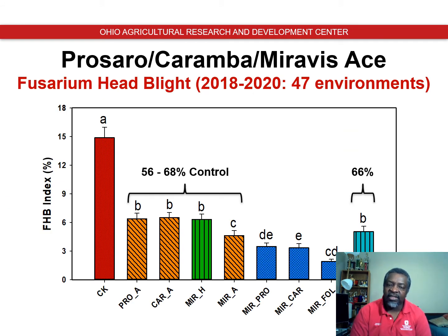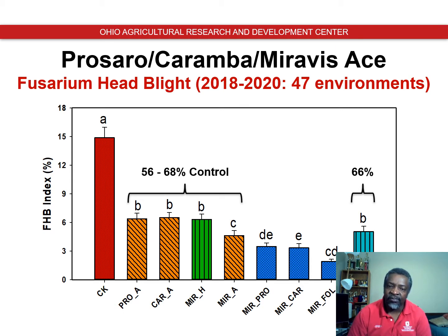Here we've got a side-by-side comparison of fungicide programs in terms of their efficacy against visual symptoms. Visual symptoms is measured here as Fusarium head blight index, which is a percentage of the spike area covered with symptoms of the disease. In the check, on the far left in the red bar, you've got about 15% Fusarium head blight index.